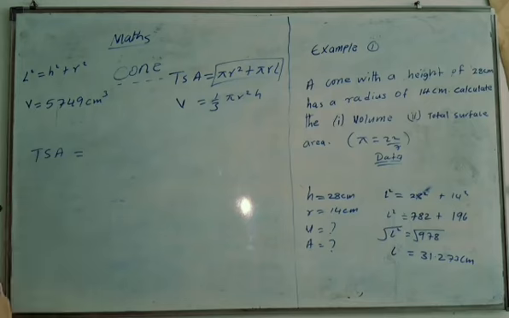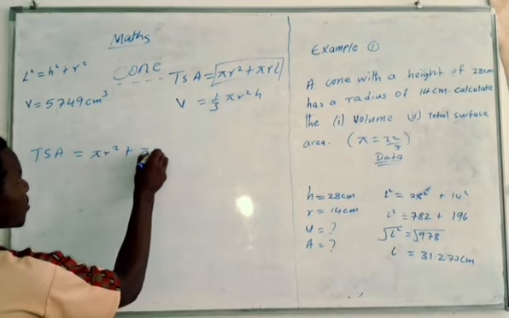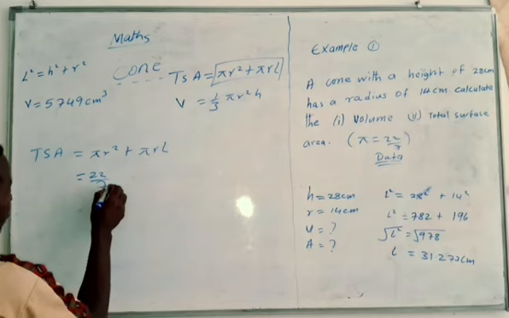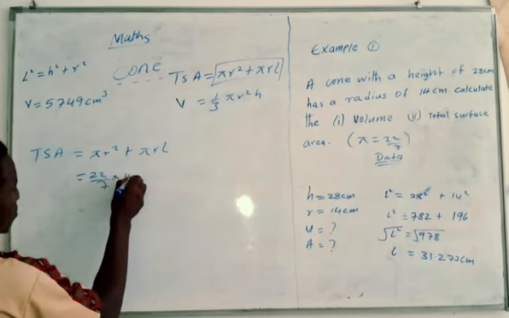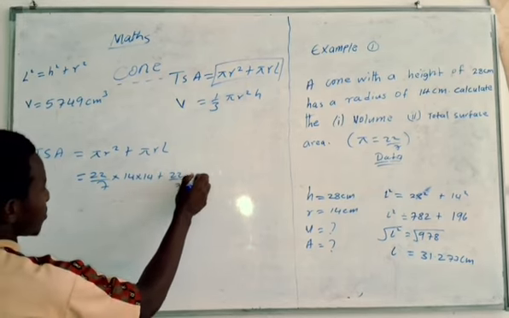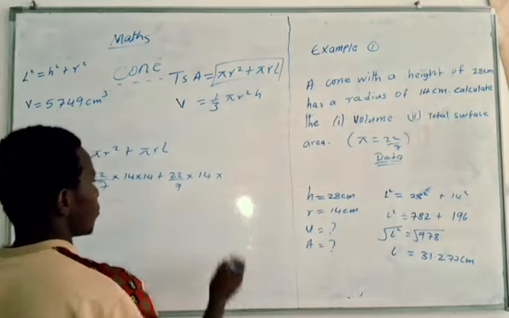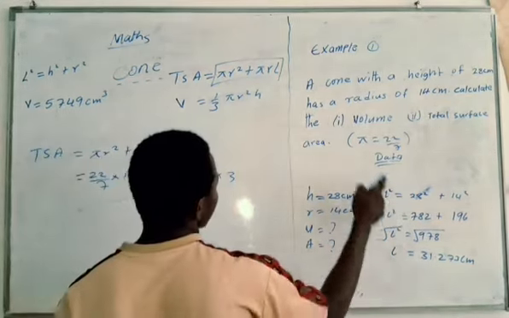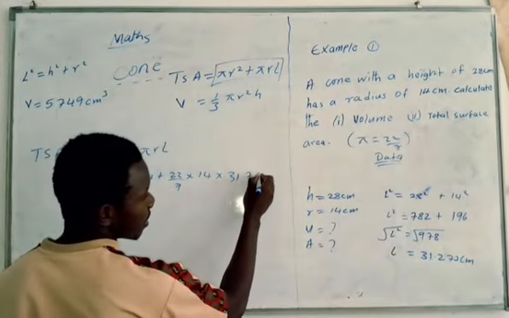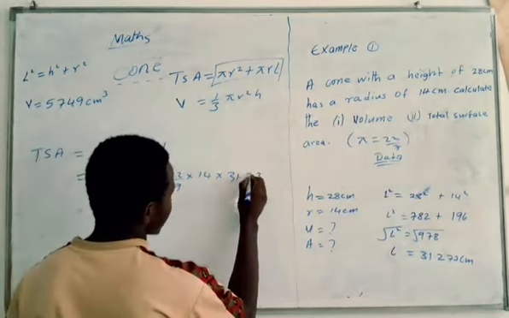Total area is equal to, from the formula, pi r square plus pi r l. So pi is 22/7 times the radius 14 squared, plus 22/7 times the radius 14 times the slanted height, which is 31.273, the one we obtained here, not the 28.